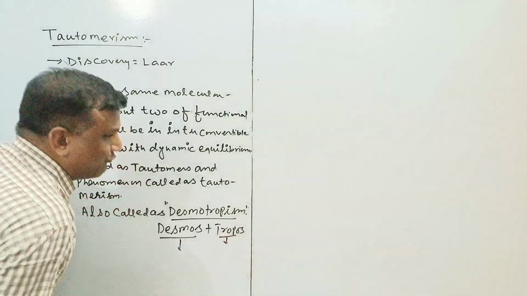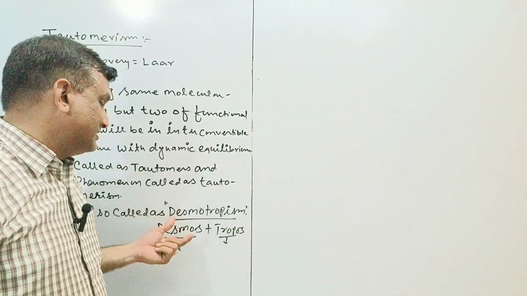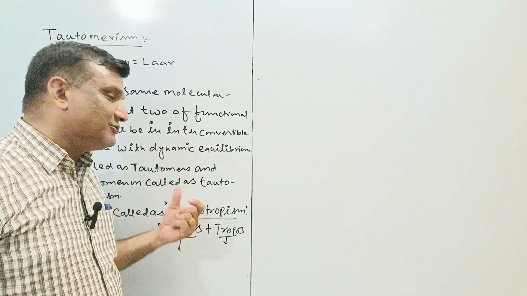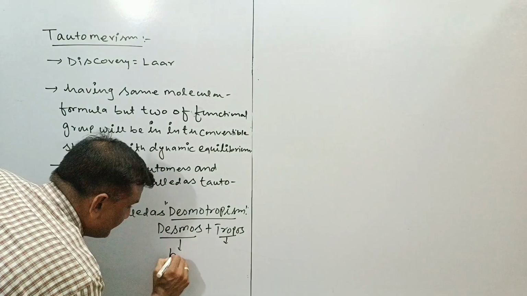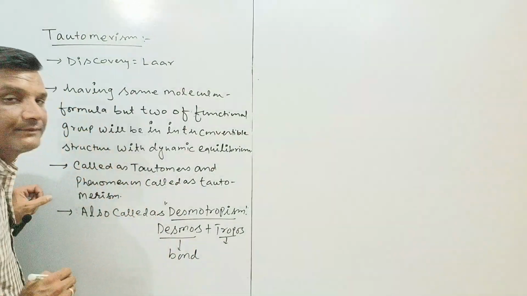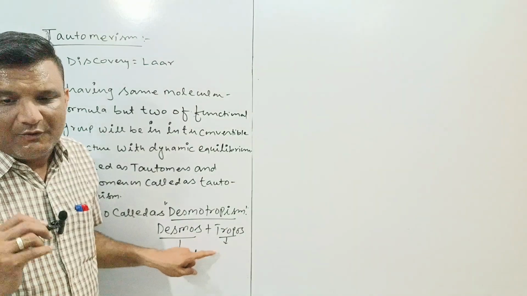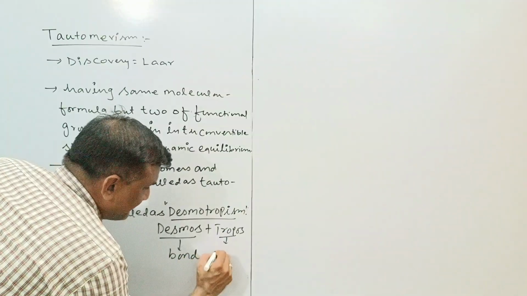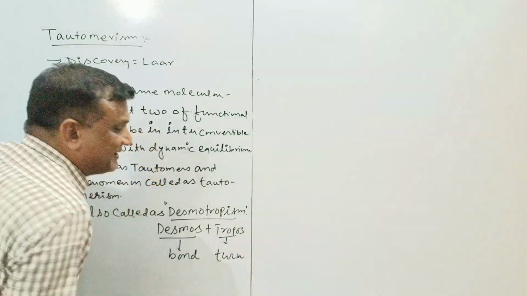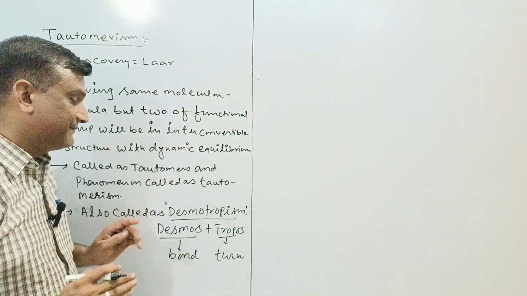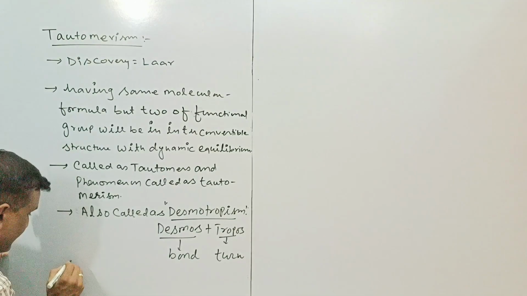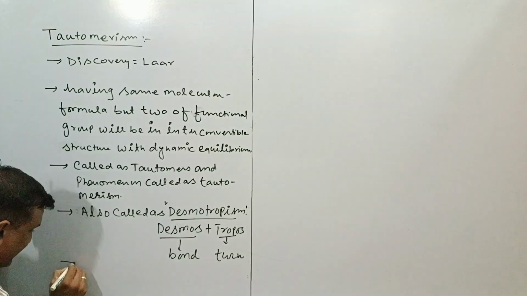Desmos means bond, and tropos means turning. It will be the turning of one particular atom.